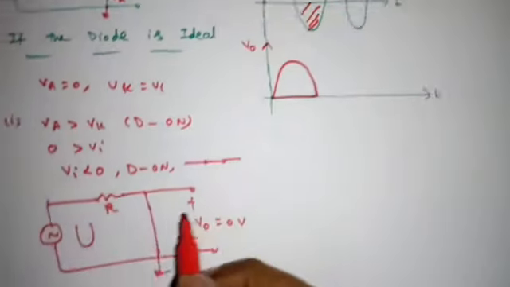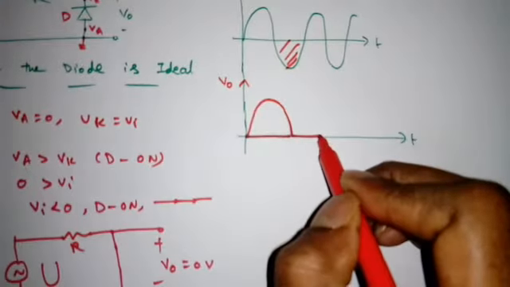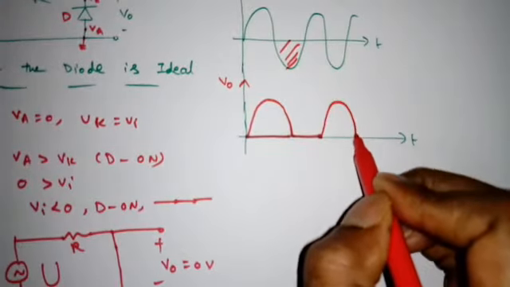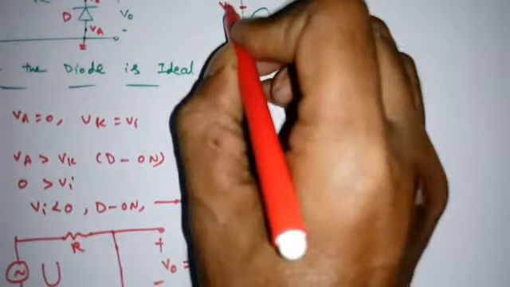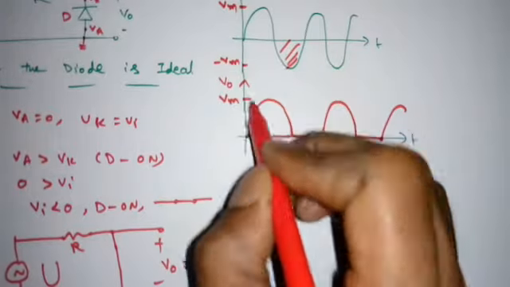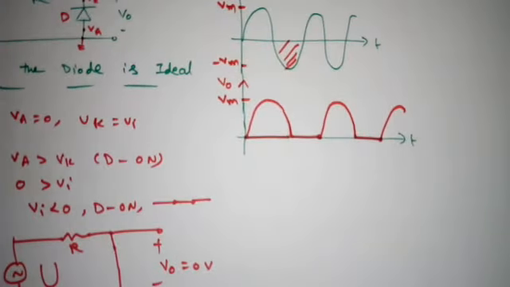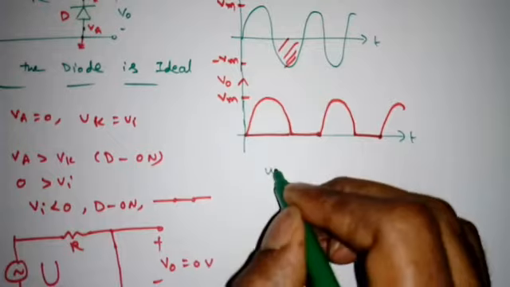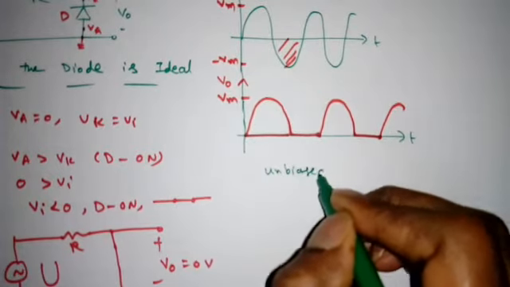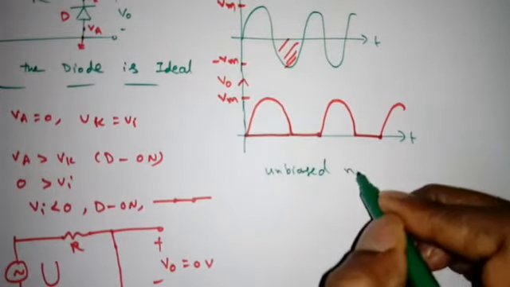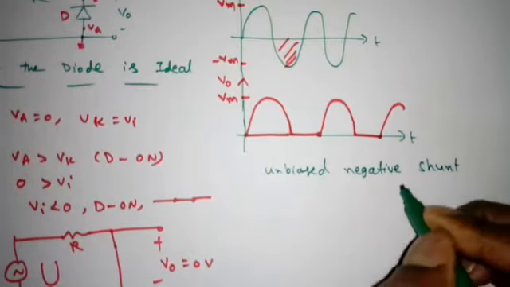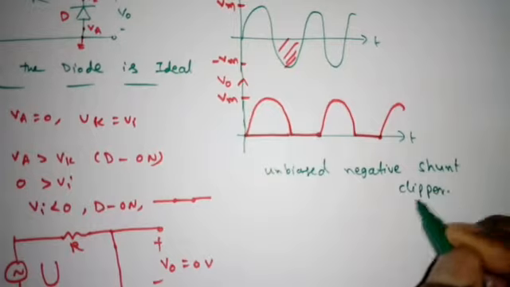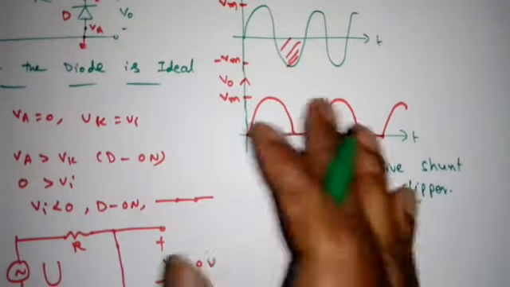For the negative half cycle, V0 is 0, 0 and so on. So this is Vm. So it is clipping the negative portion. So what is the name of this? Unbiased negative shunt clipper.